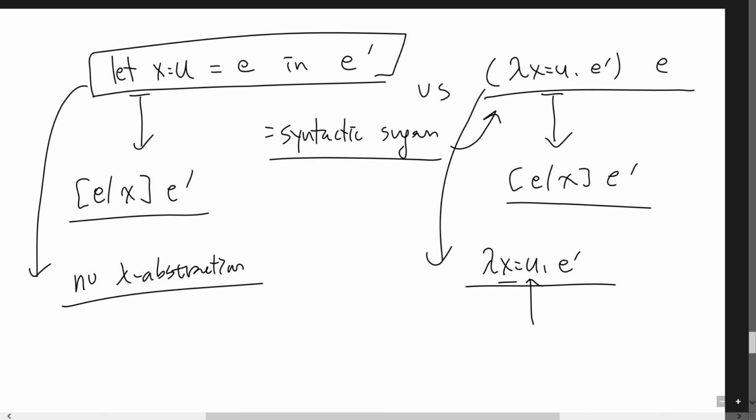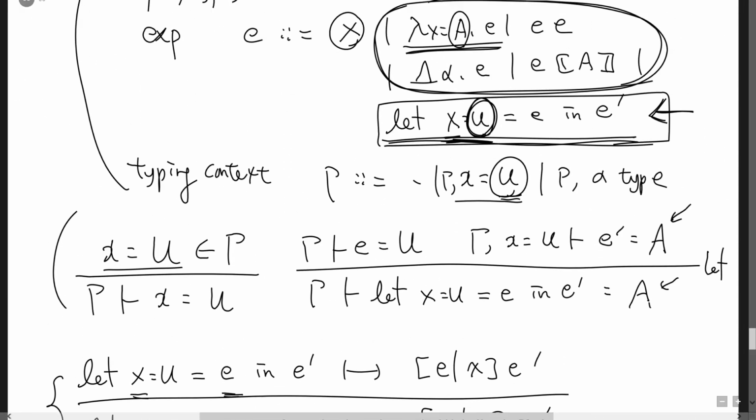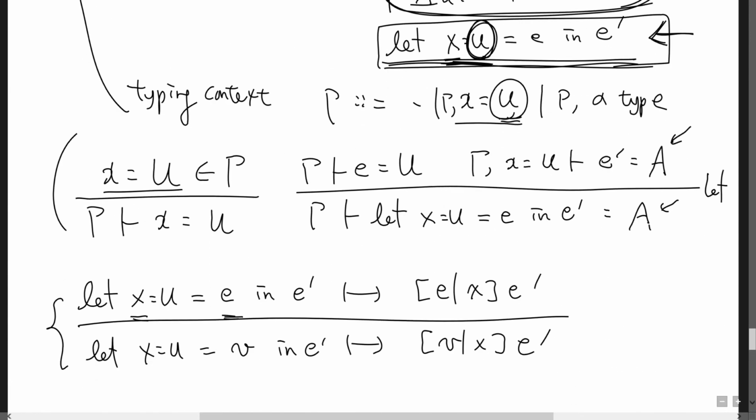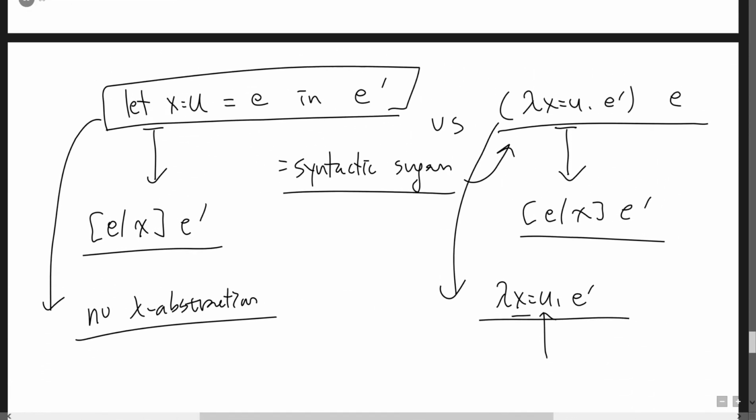And if we go back to the syntax for let binding or predicative polymorphic lambda calculus, it's simply disallowed. This variable x must have a monotype. So first of all, this doesn't make sense even syntactically because it has polytype.